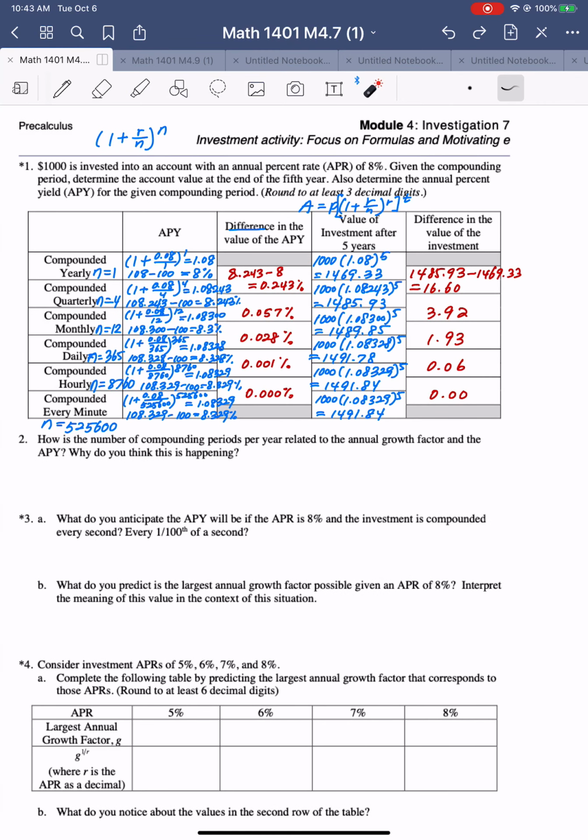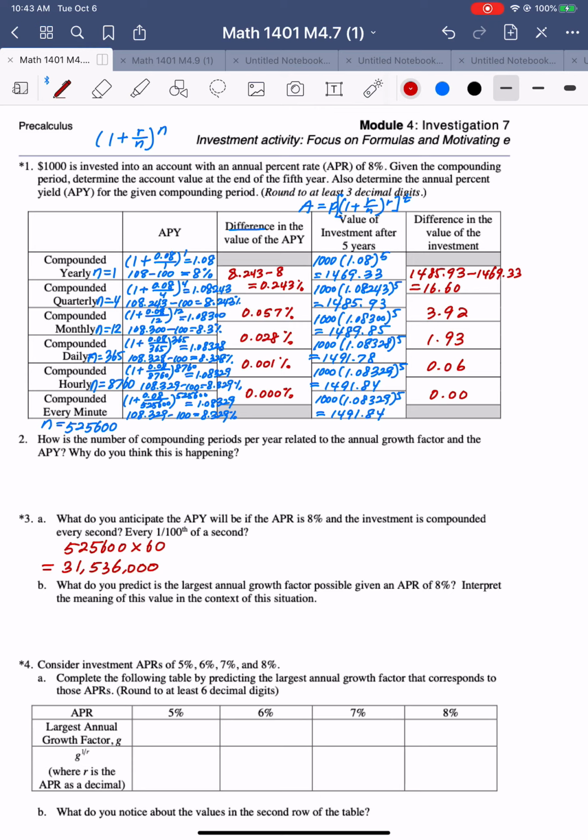So let's think about number 3. What do you anticipate the APY will be if the APY is 8% and the investment is compounded every second? So every second means from the 525,600 as a minute. Now you just need to multiply 60 again, and then that becomes 31,536,000.